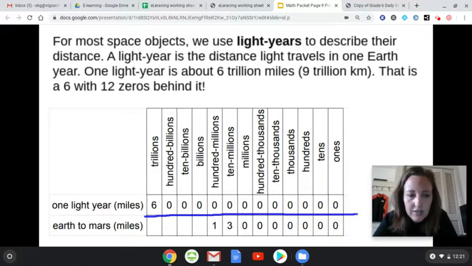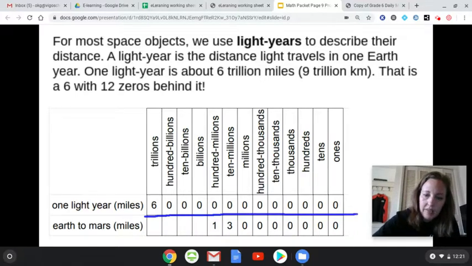I'm going to take that 6 trillion miles, which is 1 light year, and I'm going to divide that by the distance from Earth to Mars. Well, you might notice that when I'm dividing and I have my vinculum, if I see numbers on top of each other, now these are all in the same place value, right?